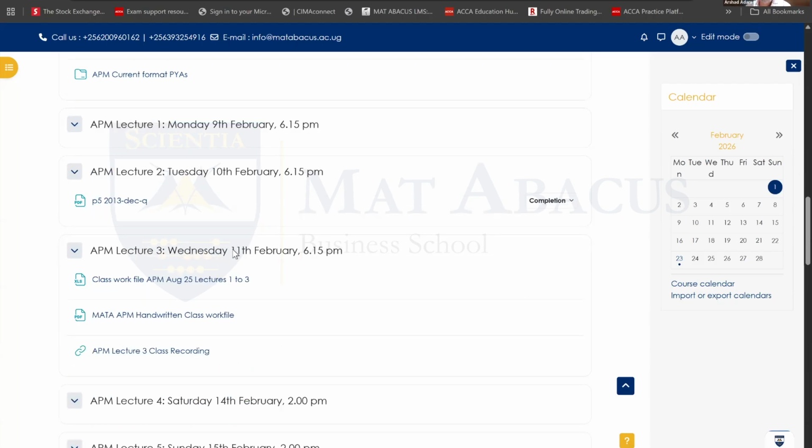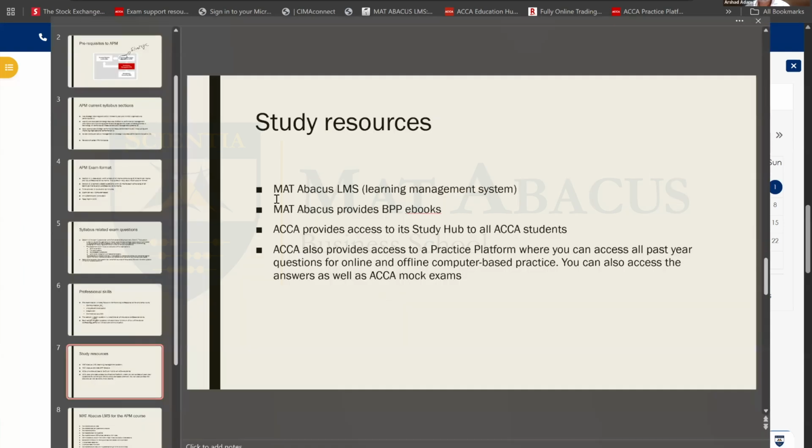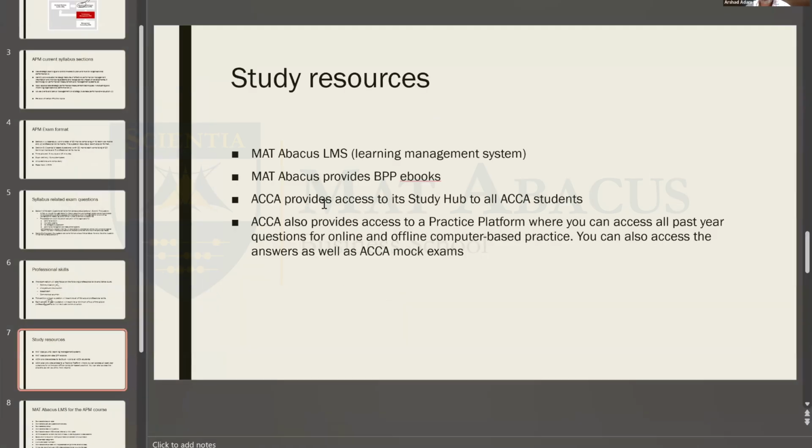Let's get back to this first. You also have access, and this is from ACCA now. I'll come back to our LMS. ACCA will also provide you access to their study hub, so you can go there, see the questions they have posted and practice them. But always remember that a paper like APM is already a very big paper with a very big syllabus.